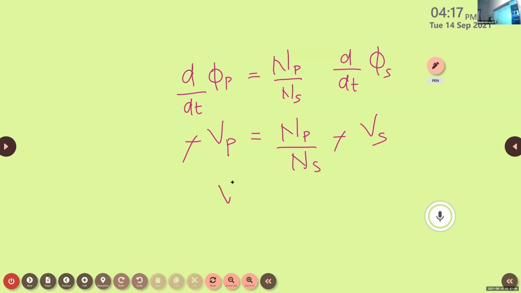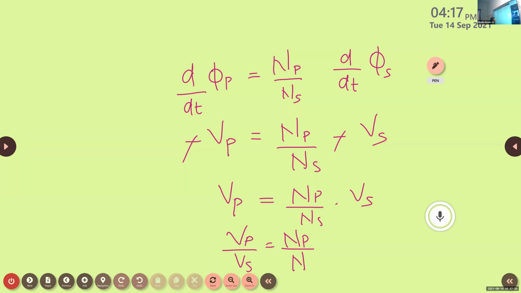We get Vp is equal to Np by Ns into Vs. By rearranging, we get Vp by Vs is equal to Np by Ns. This is another important relation for the transformer. The ratio between the EMF induced in the primary coil to that of the secondary coil will be equal to the number of turns of the primary coil to that of the number of turns of the secondary coil.